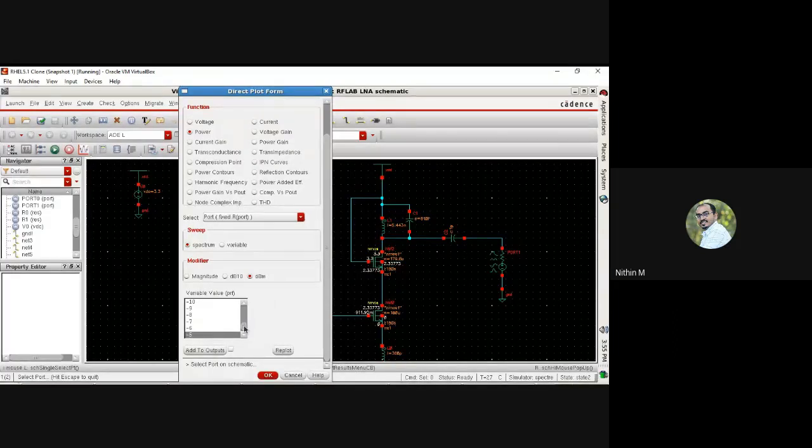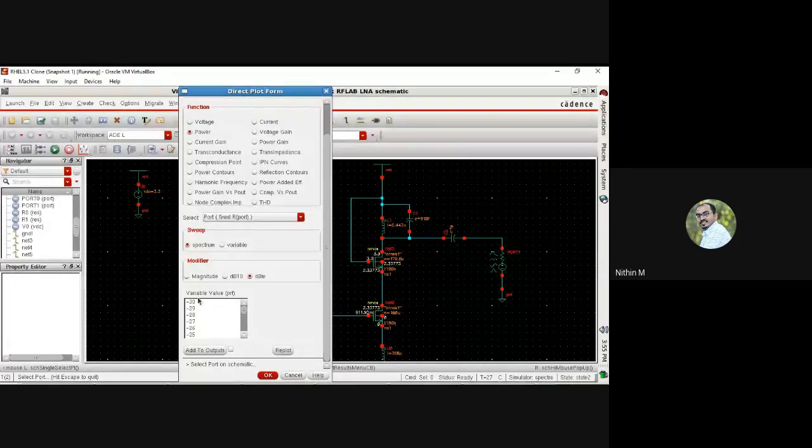Now I have given the amplitude of the input sinusoid as minus 30 dBm, and I am varying that amplitude from minus 30 to minus 5. That means minus 30 is the smallest, you understand, right? When you move away from 0 dBm, the power is reducing.